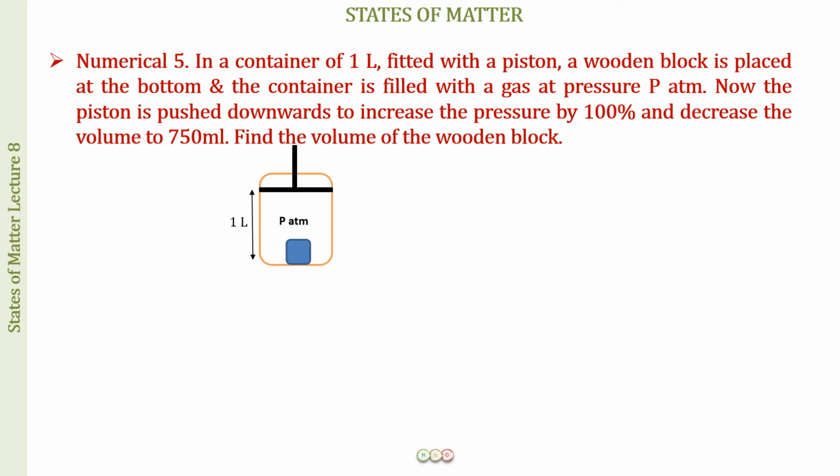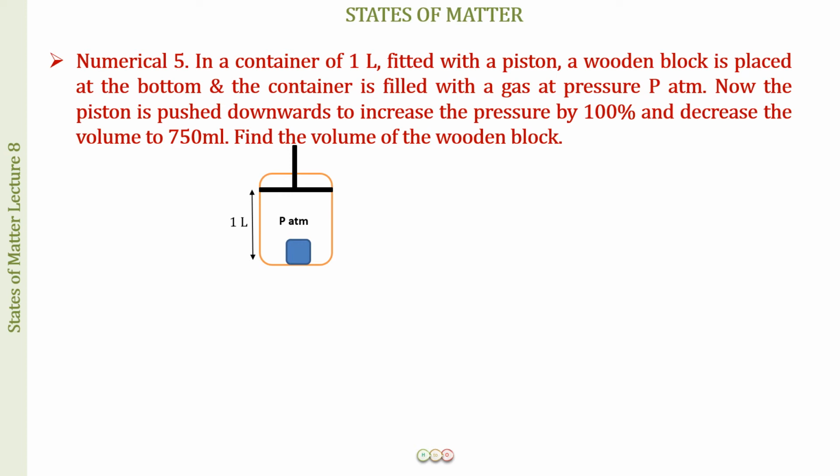So what does the question say? The question says that we have a container of 1 liter which is fitted with a piston, right? So what is the piston going to do? Well, if we apply pressure, the piston is going to come down, and when it comes down, it is going to decrease the volume of the container. And if it is having some gas in the container, you can understand that with a decrease in volume, there is going to be an increase in the pressure of the gas.